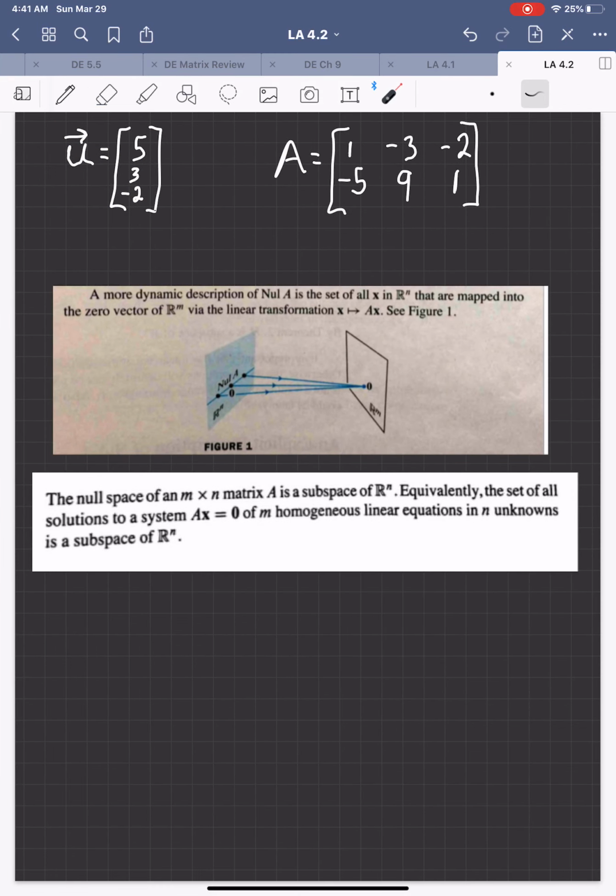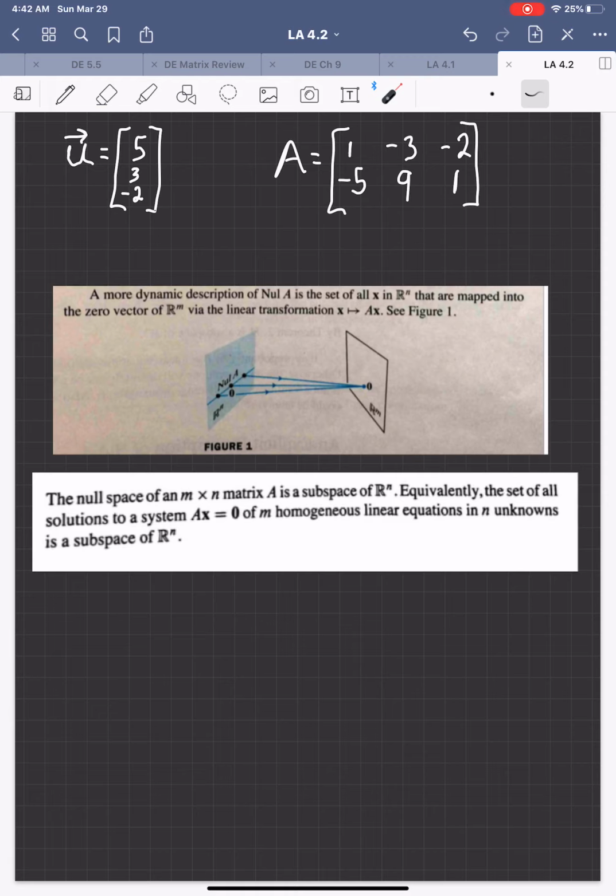Let's make sure we have a decent understanding of what just happened. The way that you want to think about this is, let's take a look at the picture here in figure 1. What you're noticing is the line in figure 1 is a subspace of Rn. And notice how vectors are mapping to 0 in Rm.